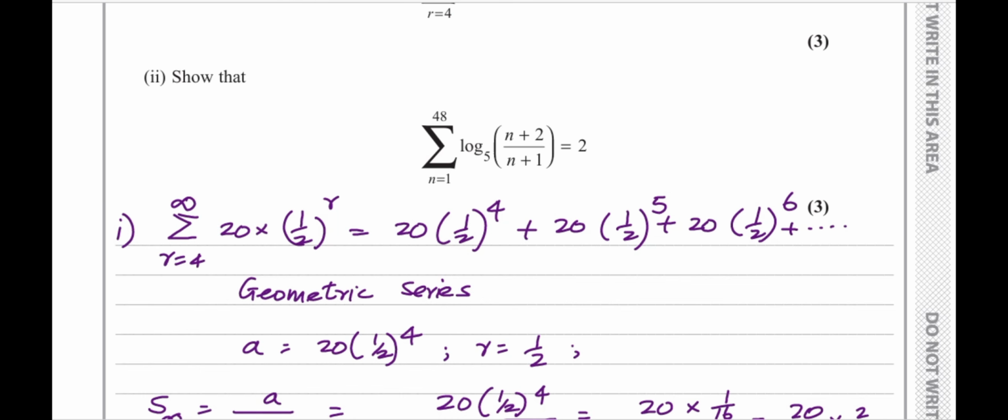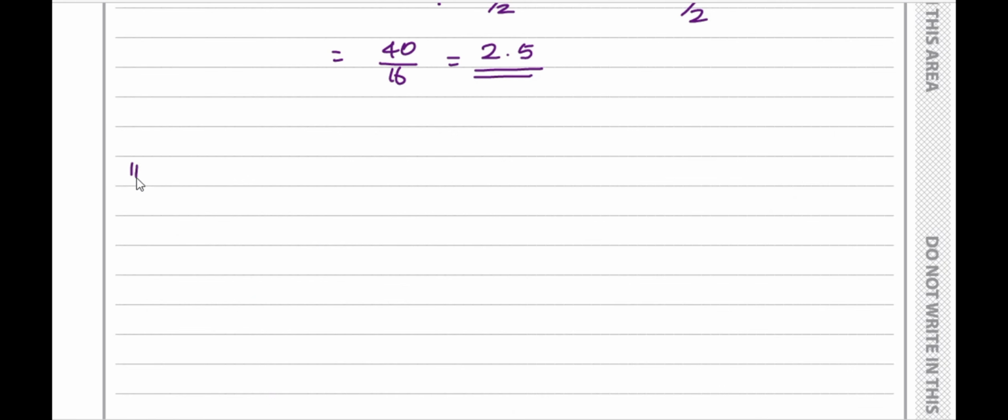Part 2. Show that sigma n is equal to 1 to 48 of logarithm to the base 5 of (n plus 2) over (n plus 1) equals 2. So let's write the given equation here. Sigma n is equal to 1 to 48 of log to the base 5 of (n plus 2) upon (n plus 1).